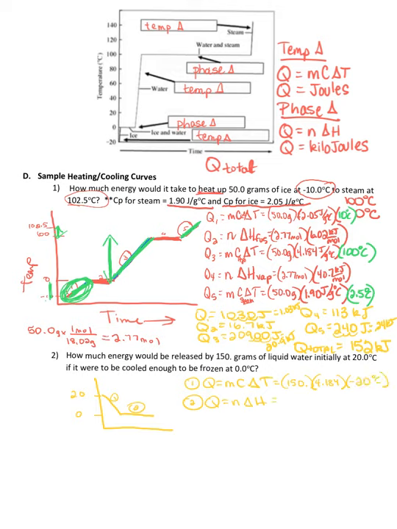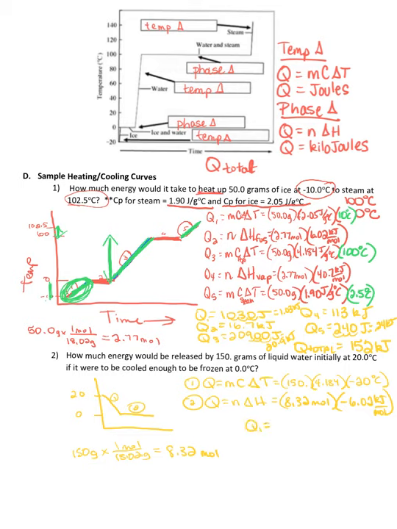The next one, once I convert my 150 grams to moles, I'm running out of time here before I hit my 15 minutes, sorry. I get 8.32 moles. This is negative 6.02 kilojoules per mole, because it's the opposite of fusion.